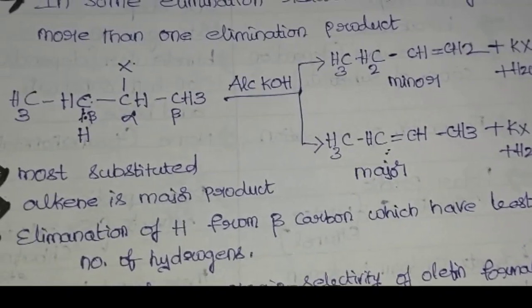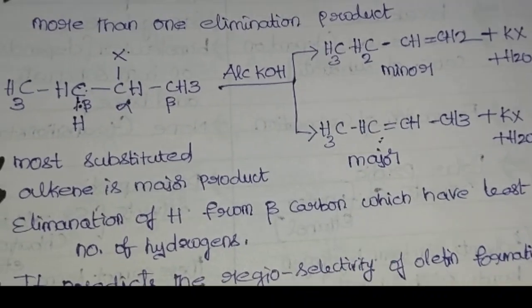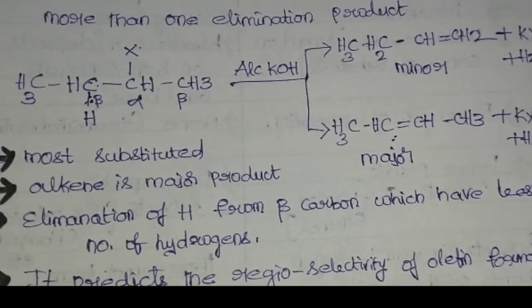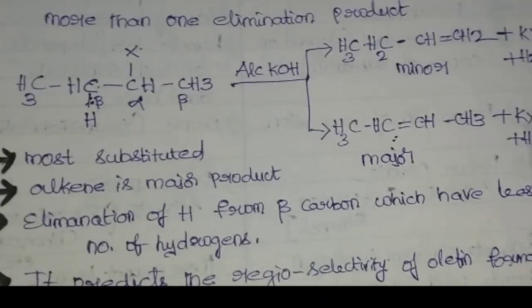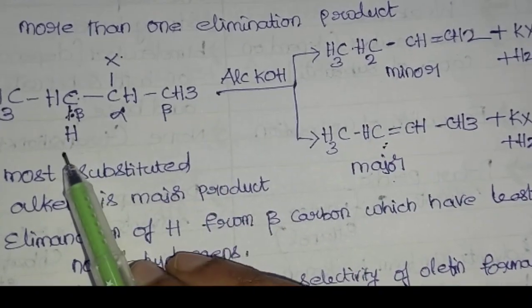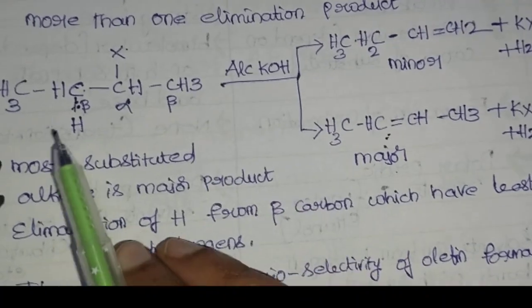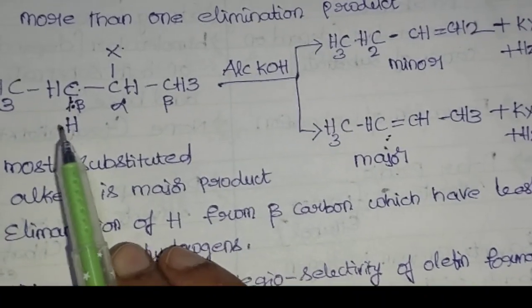How can we consider whether it is major or minor? A very simple trick is, the elimination of hydrogen from the beta carbon which has the least number of hydrogens gives the major form, or the most substituted form. Here when we see this beta carbon, 2 hydrogens are there, and here 3 hydrogens are there. So this beta carbon has fewer hydrogens.